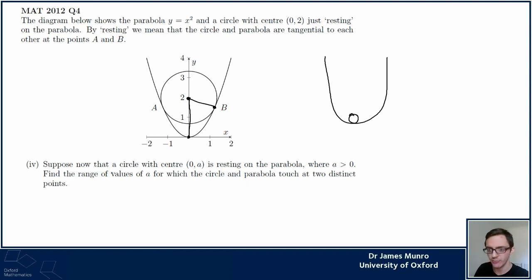I think those are the two cases: either the circle rests inside the parabola like this, touching at 2 points A and B, or if it's a very small circle, then it just sits at the bottom of the parabola. We need to decide, is there space underneath for the circle to rest above the ground, held up by this parabola? Okay, how do we actually do that?